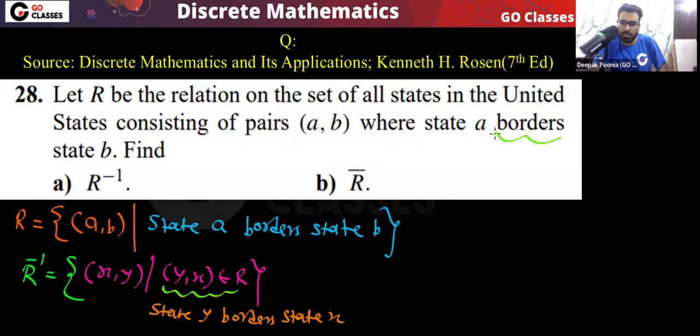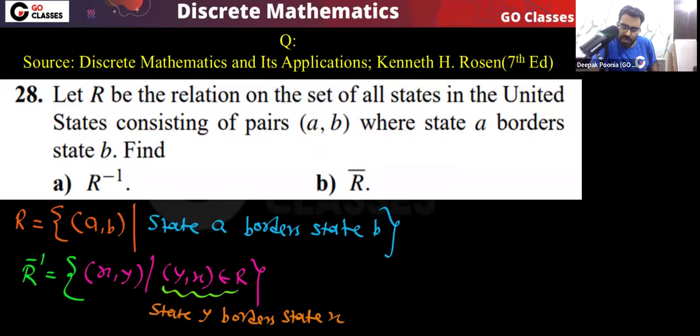Is this borders relationship symmetric? If state x borders y, then state y borders x. Yes, correct, this is symmetric. If I'm your neighbor, then you are my neighbor.